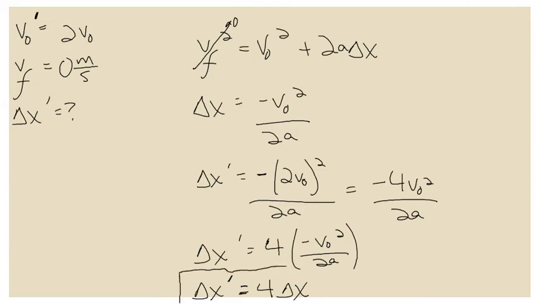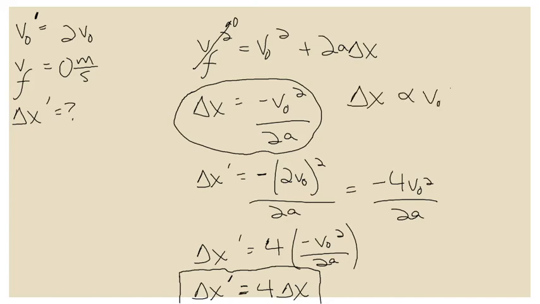So what that means is, looking back at this equation here, because that equation tells us delta x is directly proportional to v naught squared, a doubling of the initial velocity gives you 4 times the maximum height. It's because of that squared relationship.